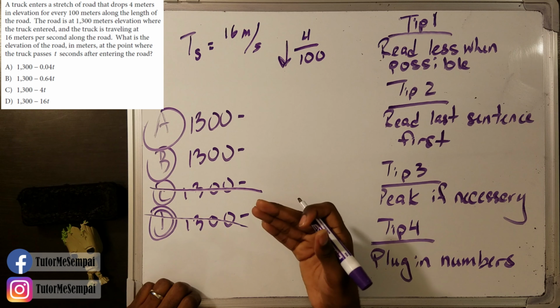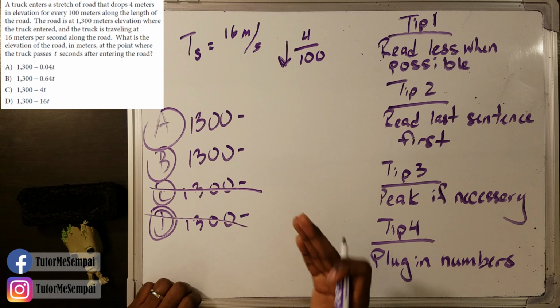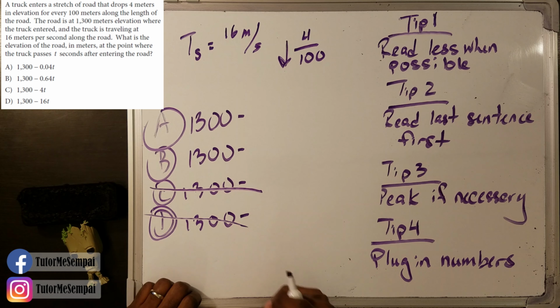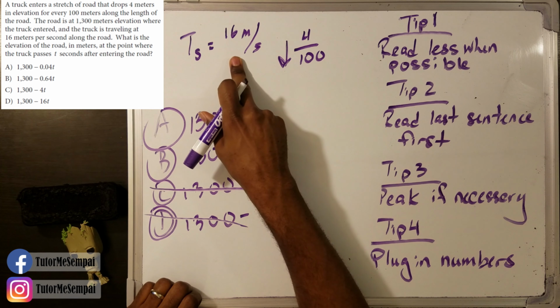So let's look at A and B. Those seem relatively small numbers that we're dropping off, which is a good sign. However, A looks to be a little off because it says we're going to be dropping 0.04 for every second. What happens if we only travel 1 second? Let's plug in 1. Tip 4, plug in some numbers. 1 second, we technically would have traveled 16 meters.